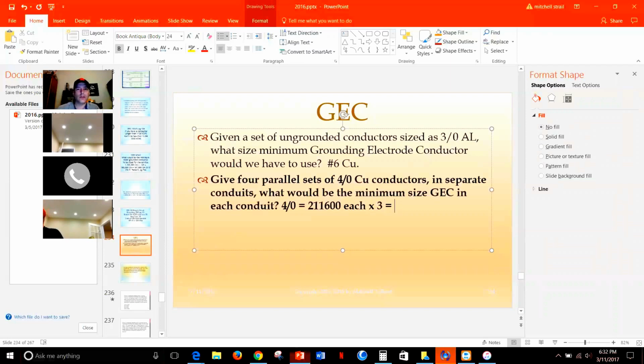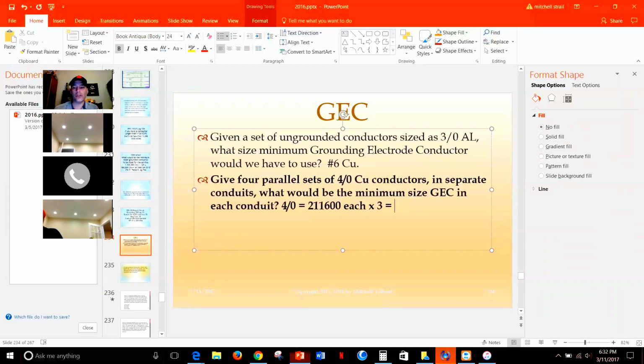Yes. So we'd have 634,800. Yeah, but you got 4 parallels though. Yeah, but remember, the number of sets is really kind of irrelevant. We just look at the ones in just one pipe, and then everything else is going to be the same, a mirrored set.